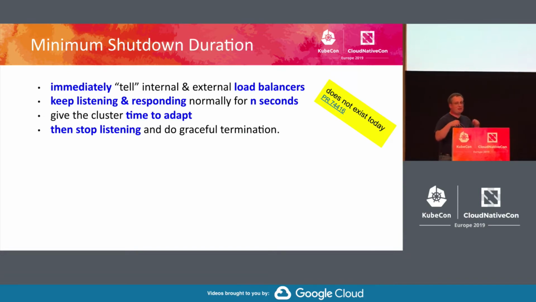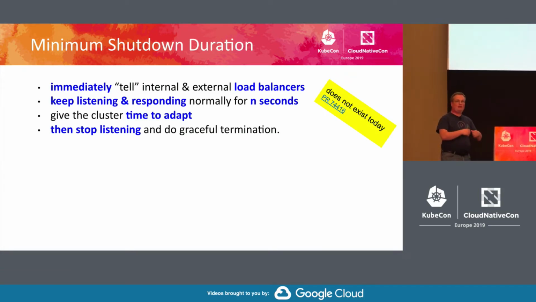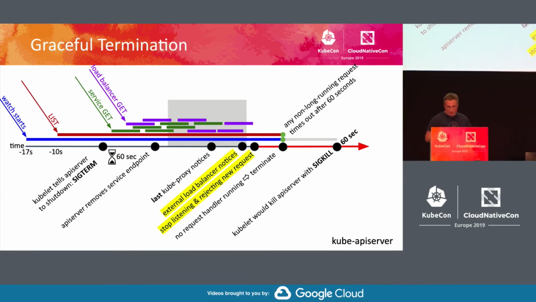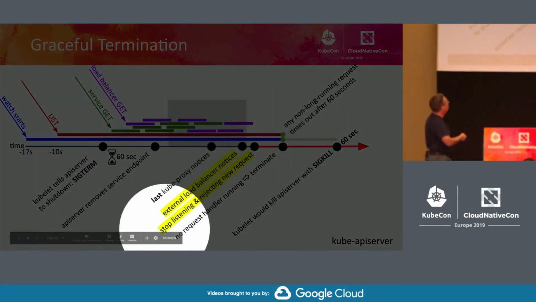Not shut down, actually. Graceful termination means that we still process all requests which are in the stack. So every request which went into the HTTP server in Golang is still processed, and when there's no request anymore in the pipe, we really terminate. That's graceful shutdown. And if we do that, this critical phase here becomes gray, so it's not critical anymore.